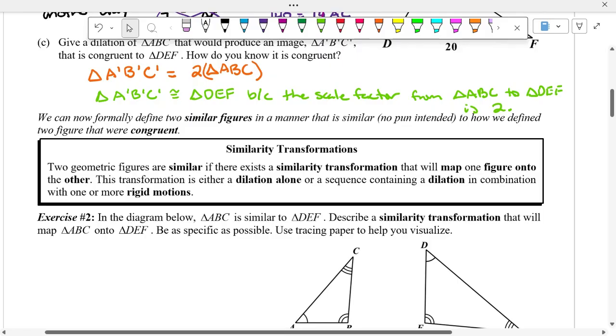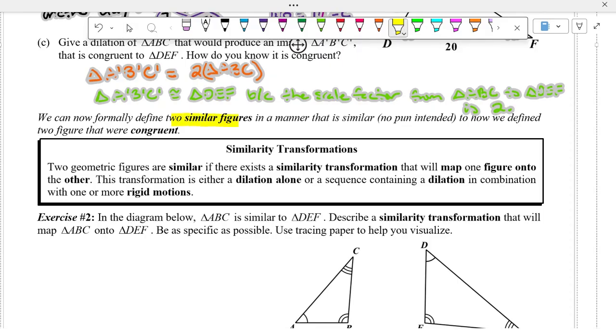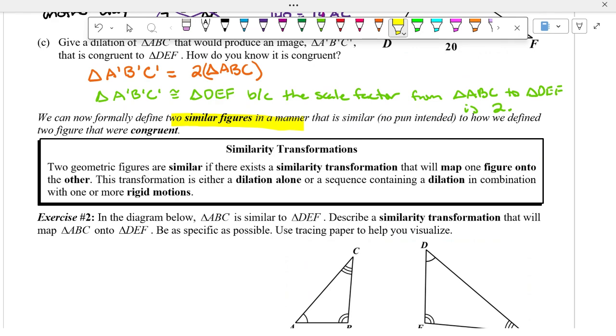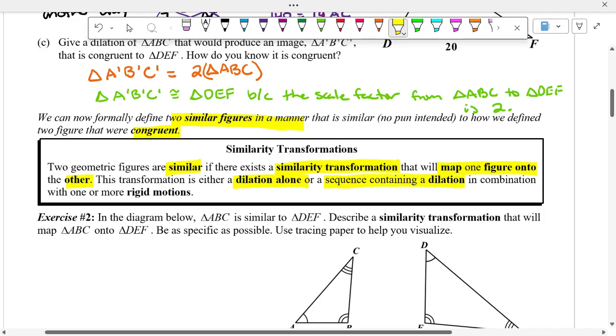Now, we can formally define two similar figures in a manner similar to how we define two figures as congruent. Two geometric figures are similar if there exists a similarity transformation that will map one figure onto the other. So this is either a dilation alone or a sequence containing a dilation in combination with a rigid motion.